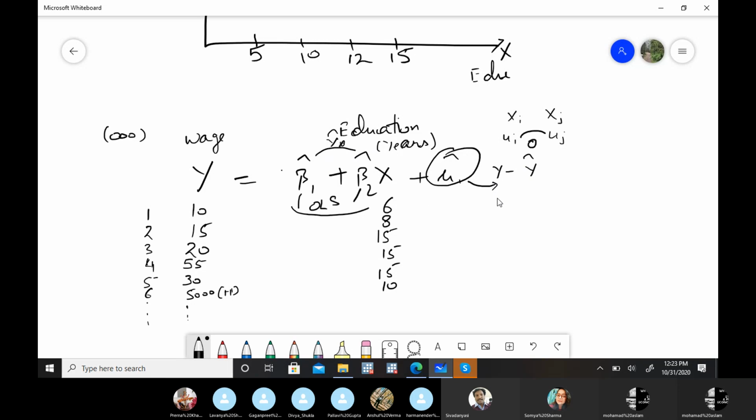So whatever residual term value you have for all these individuals, this zero correlation means they are not related to each other. What it means is that the unknown factors of the first household, this particular individual, the way he is taking decisions: this education we have kept in the model, the other factors we have not kept in the model.